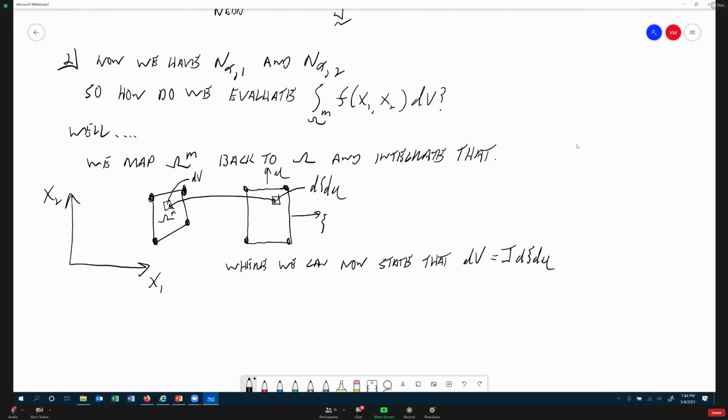Well, in this case, since it's two-dimensional, would it be a dA instead of a dV? Yeah, it would be. We still list it as a dV though. Okay, just checking. Standard notation, but yeah.